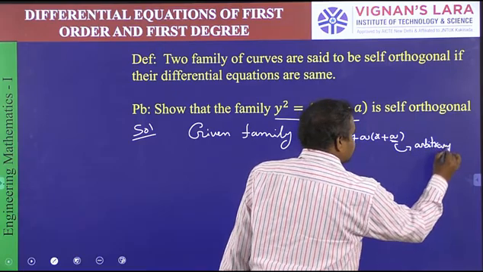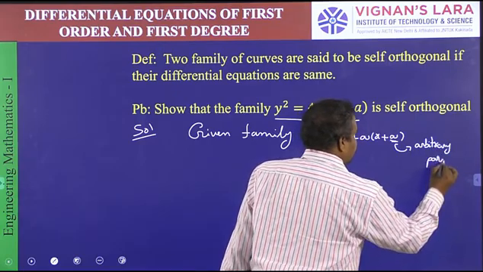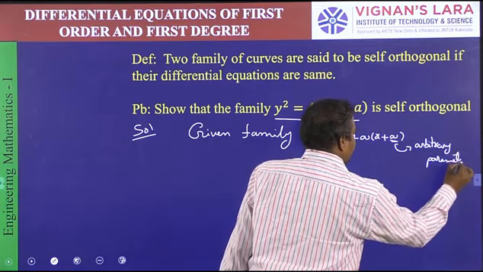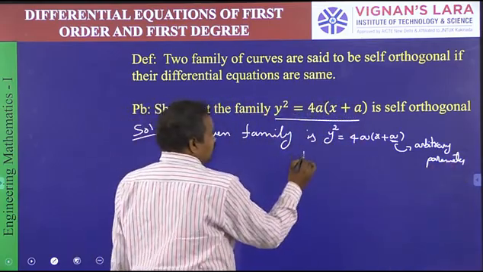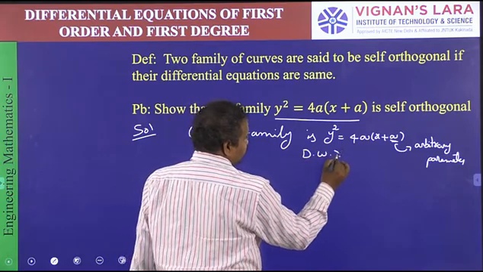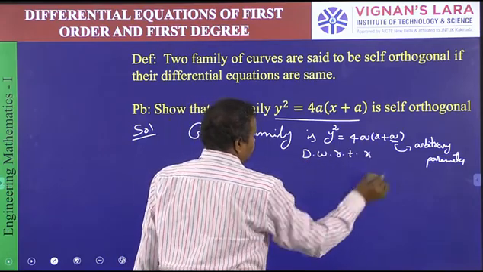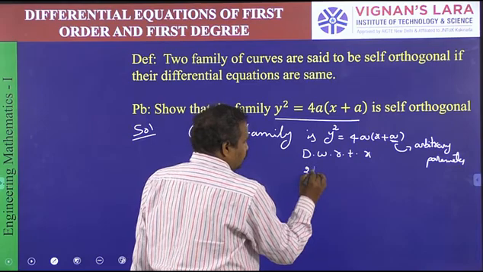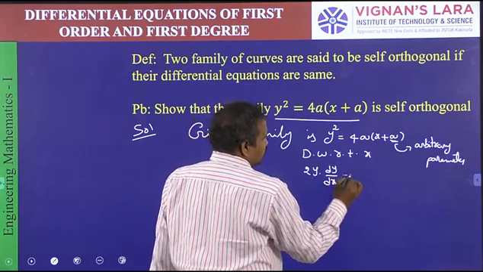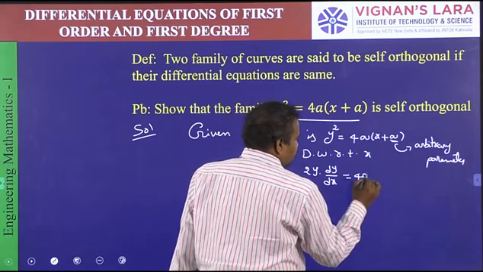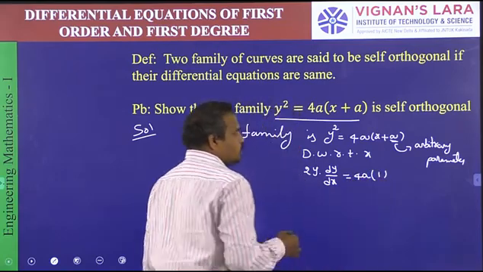Our aim is to eliminate that arbitrary parameter from the equation. For this, differentiate with respect to x. The derivative of y square is 2y into dy by dx, which is equal to 4a, the coefficient, times the derivative of x, which is 1.